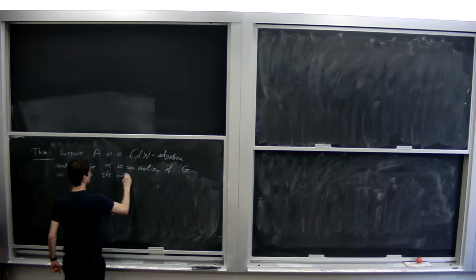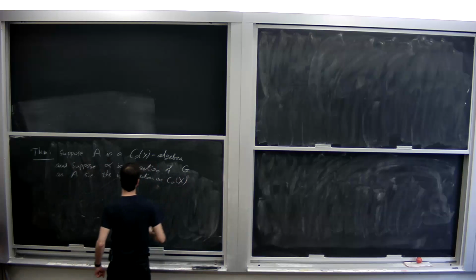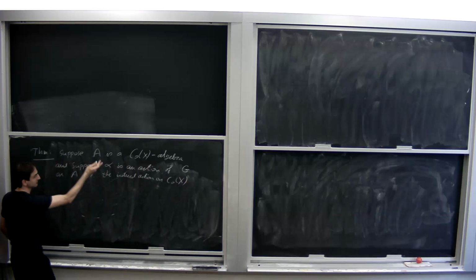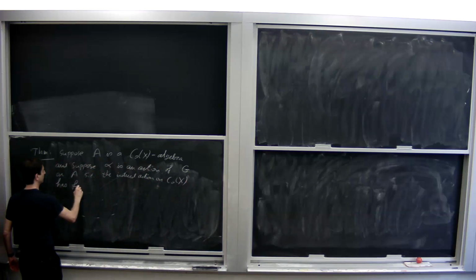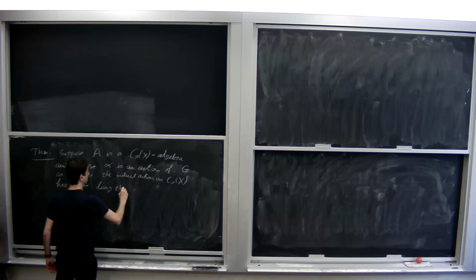And suppose alpha is an action of group G on A such that the induced action on C0 of X, I mean, let's suppose the center or something, has finite long thin cover dimension.